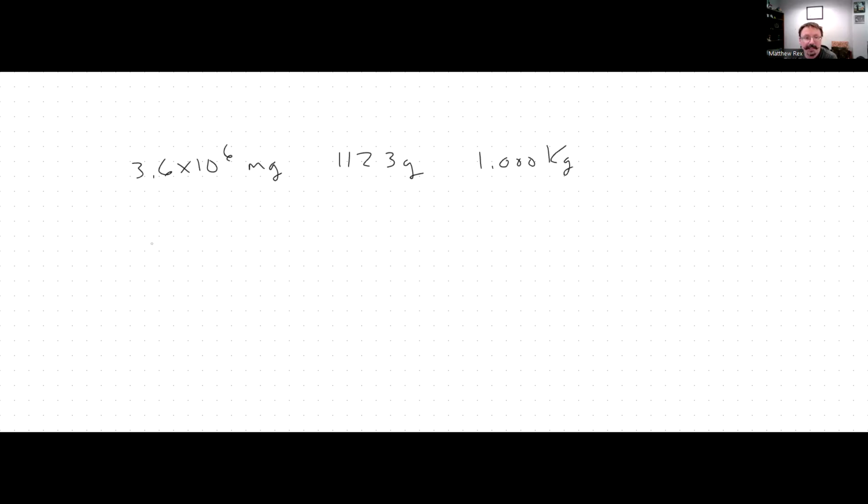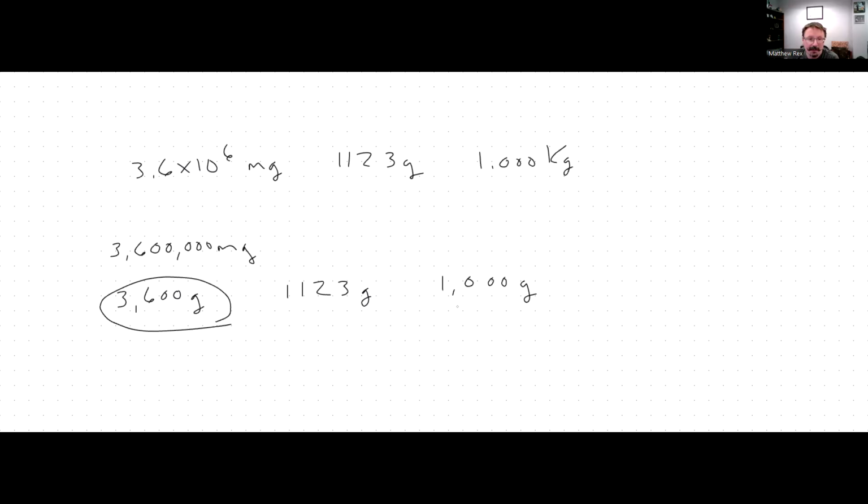For 3.6 times 10 to the 6 milligrams, there are 1,000 milligrams in a gram, so this would look like this many grams. And then there are 1,000 grams in 1 kilogram, so 1 kilogram would be 1,000 grams. And we can see out of all these, when they're in the same units, grams, grams, grams, that's our largest value there, A.